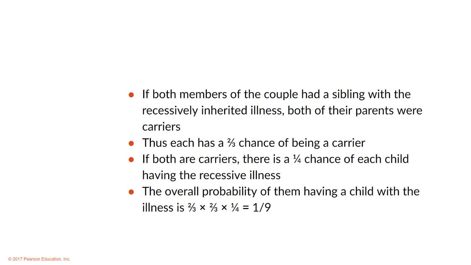But if they are both carriers, then they have a 1 in 4 chance of giving the child the disease, as we saw with the albinism pedigree, where you have two heterozygotes crossing. There's a 1 in 4 chance that the child will end up with two recessive alleles and show the characteristics of that disease. They will actually experience that disease with the double recessive.